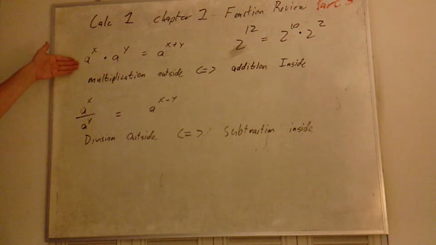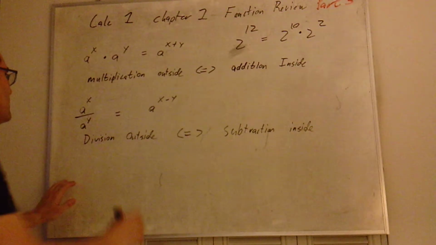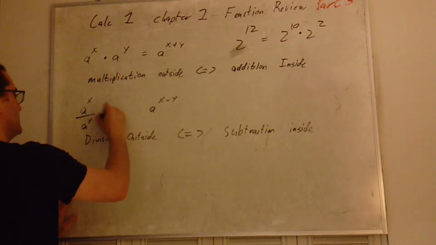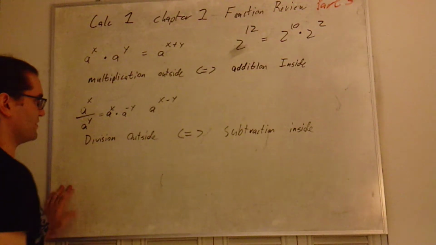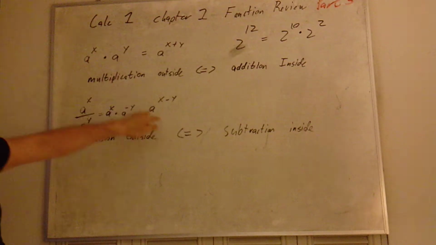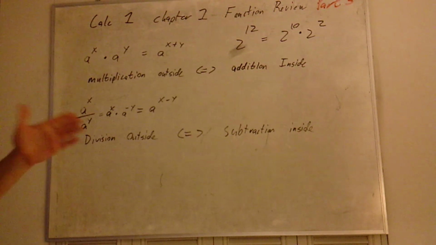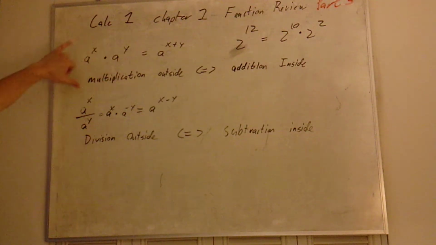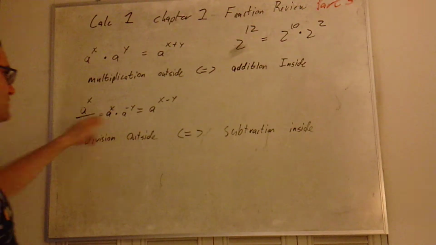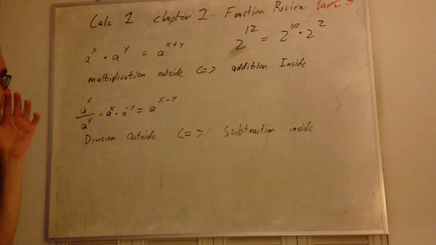And if you know this first property, and you know what negative exponents mean, like this is the same as a to the x times a to the negative y. So it kind of makes perfect sense that this should be a to the x minus y. These are, in a sneaky sort of way, actually the exact same property, just with negative exponents instead of positive exponents. But we can write it down twice.